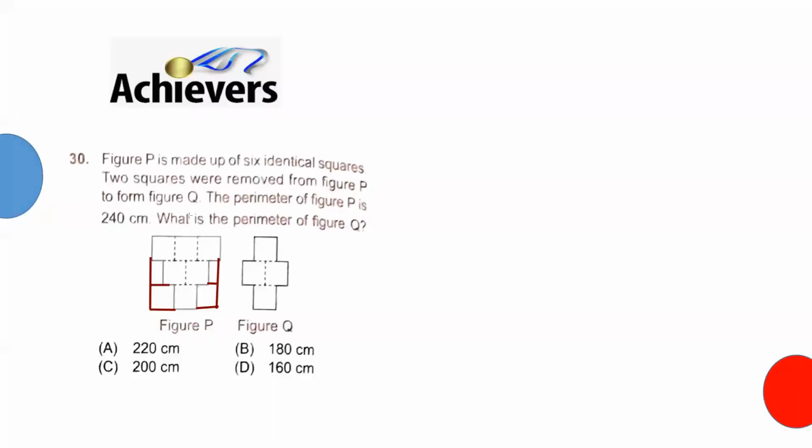See, if you see this question, then it is given figure P is made up of 6 identical squares. See, 1, 2, 3, 4, 5, 6. So, see, if you try to assume we are completing this, I'm just trying to make you imagine what is happening actually.